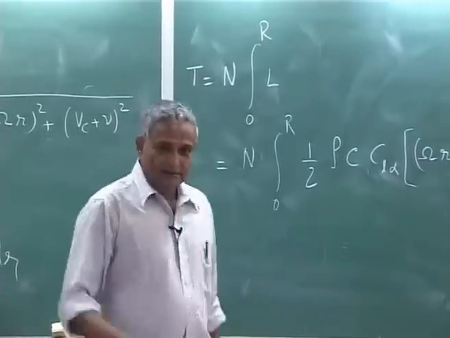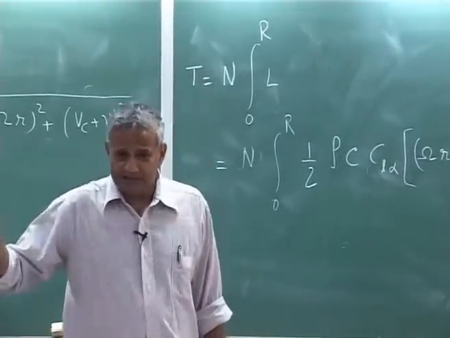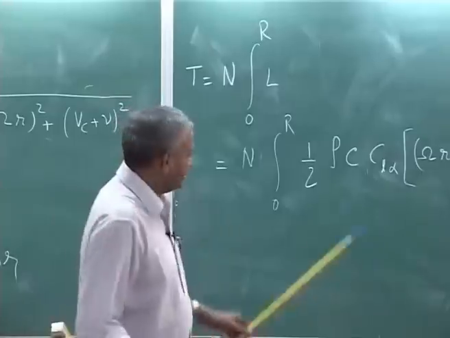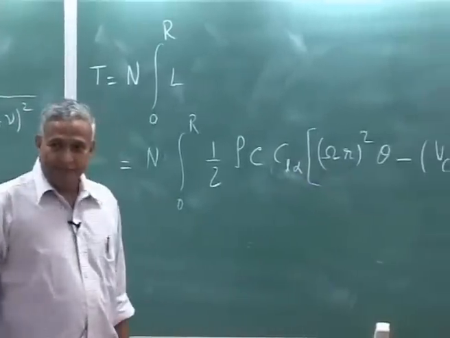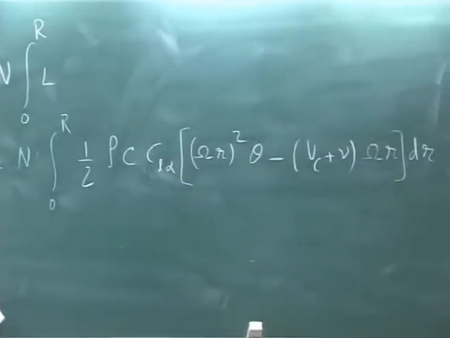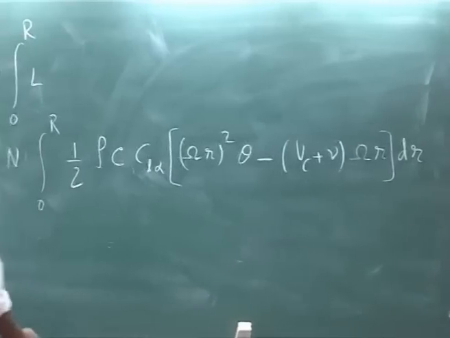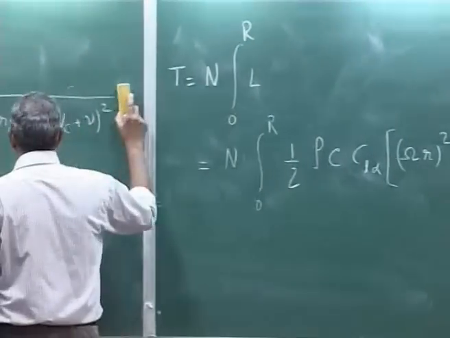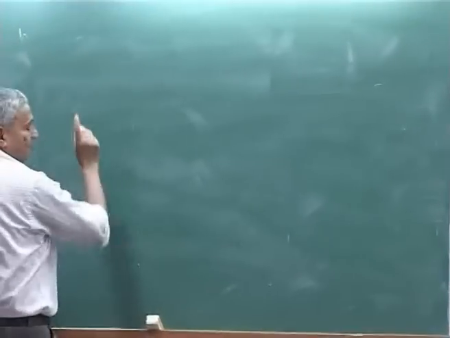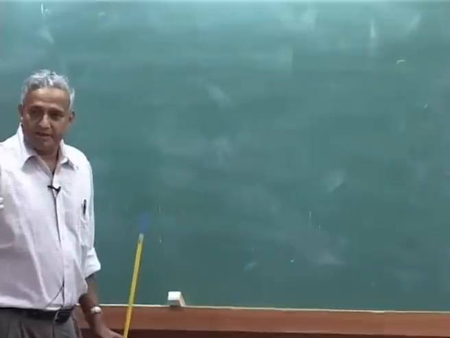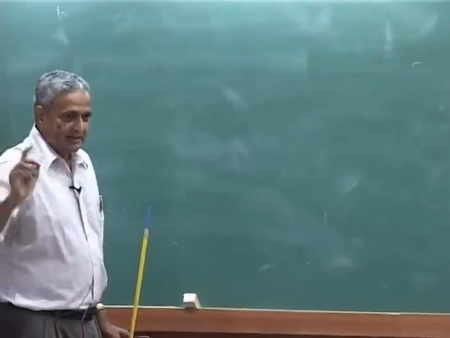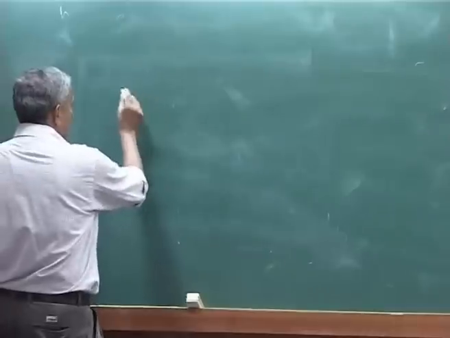Now, usually we non-dimensionalize the quantity; we do not carry this whole thing. When we non-dimensionalize, velocity quantities are normalized with respect to tip speed, and you use omega R.